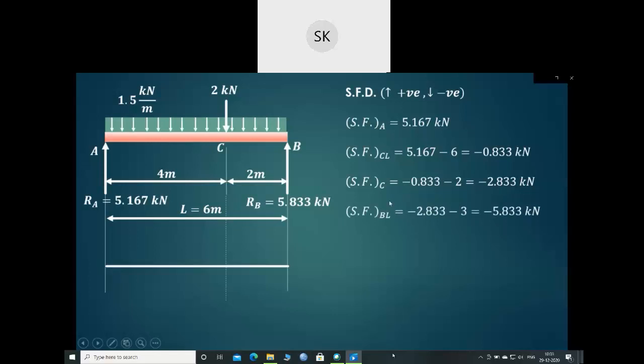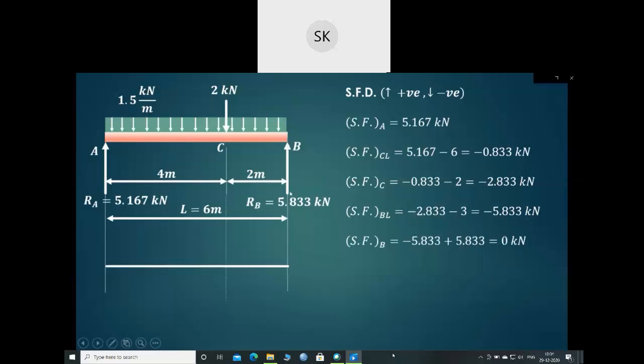Similarly, for shear force at left of B, we have to take into consideration only the UDL acting between C and B. So it is 1.5 into 2, that will get added to the previously calculated value of minus 2.8333 kilonewton. So it is minus 5.8333 kilonewton.